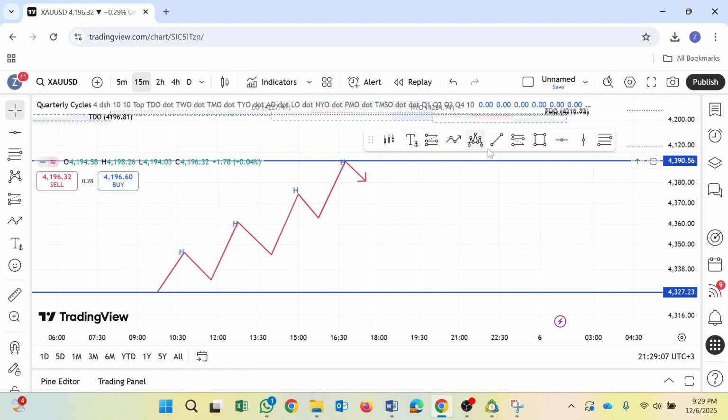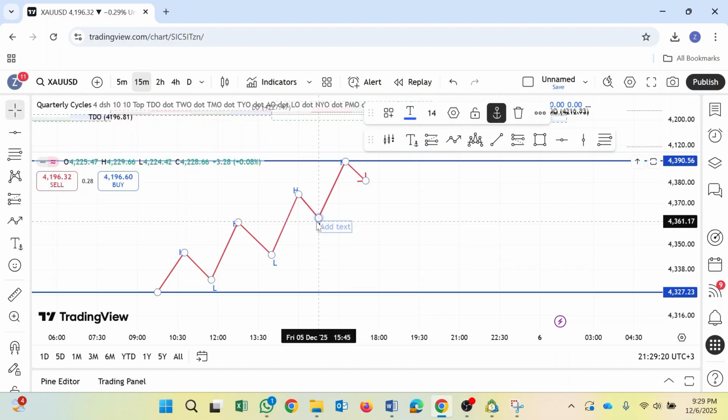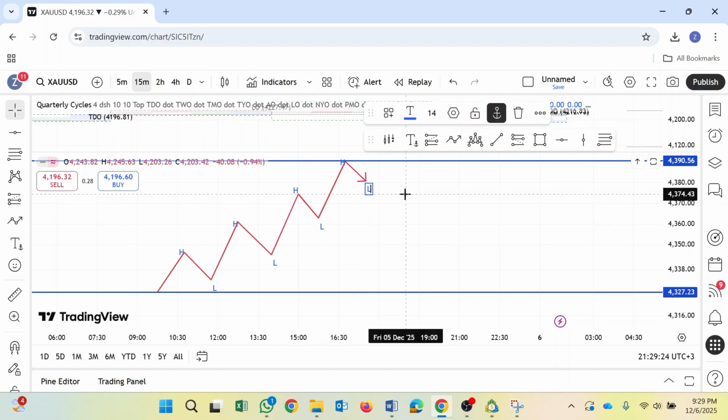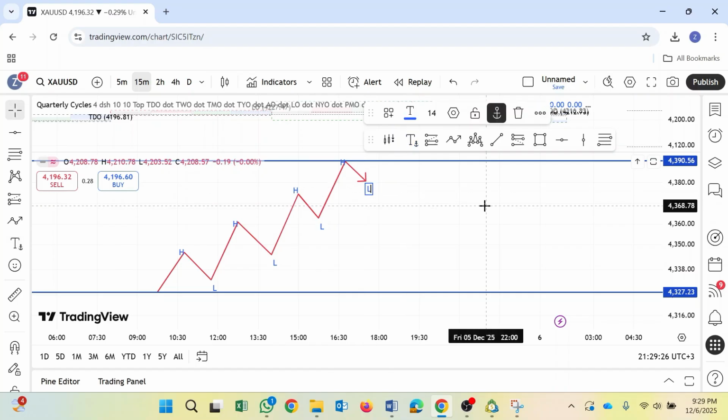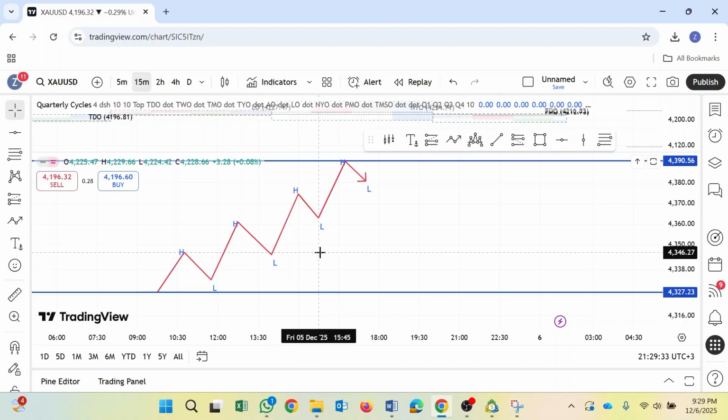Now, also in my drawing here, allow me name this as a low. This an L represents a low. There's another L for another low, another L, and another L here, assuming this is the last low that we have in our chart. Now, in my drawing here, I have highs and I have lows.